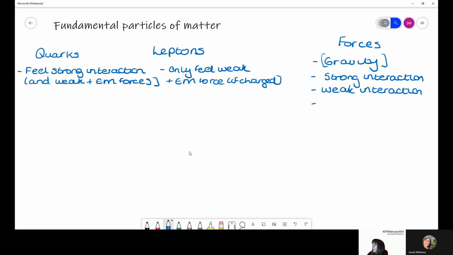And then there's the electromagnetic force. And as I implied, when we're looking at fundamental particles, we can describe their behavior just by considering these three. It's a bit of an outstanding mystery why gravity is so much weaker than the other three forces on this scale.